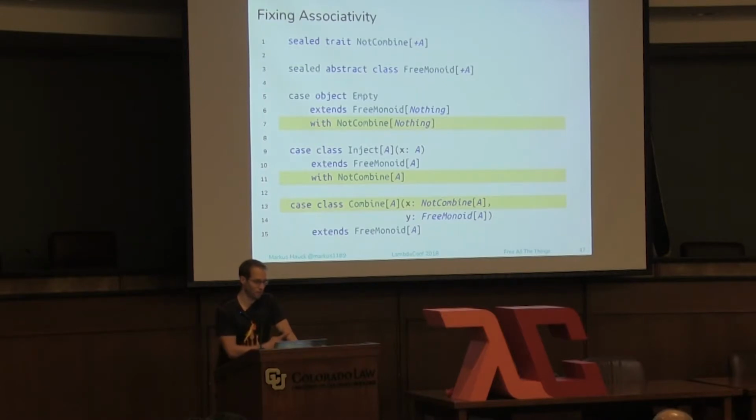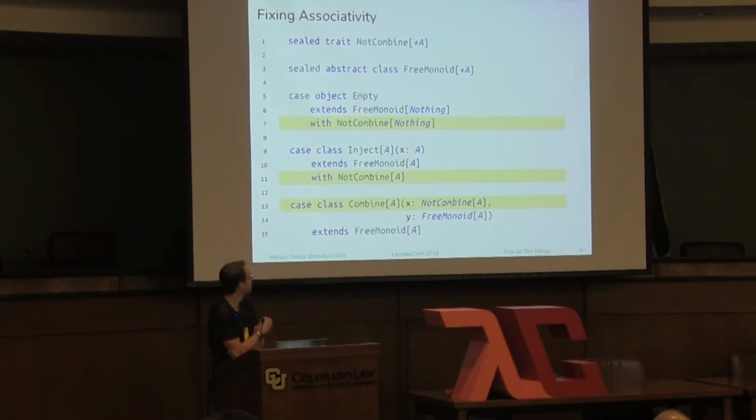OK, so we have our AST. And now we just have to make sure that we cannot combine in some cases. So when you look at the combine node in here, we want the left-hand side to be not combine, and the right-hand side can be anything. So for this, we add a new trait that we call not combine.